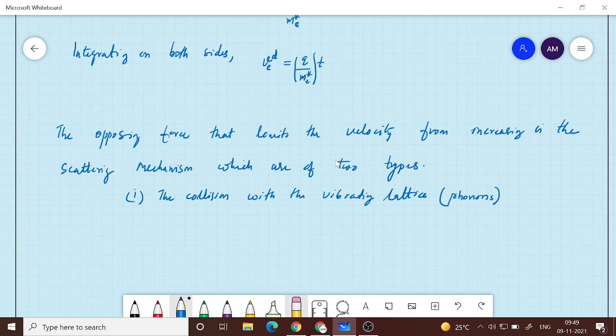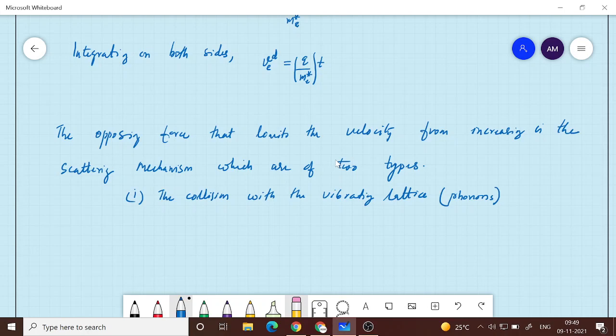They are quantum particles which have wave nature, and therefore they can just move through the entire lattice without any trouble, provided the lattice is not vibrating. But that is a very ideal picture. In practice, these lattices are going to vibrate. All the atoms in the lattice are going to vibrate about their mean position, and there are different kinds of vibrations, which are further classified into optical phonons and acoustic phonons, etc. But we don't need all of that for our present discussion.